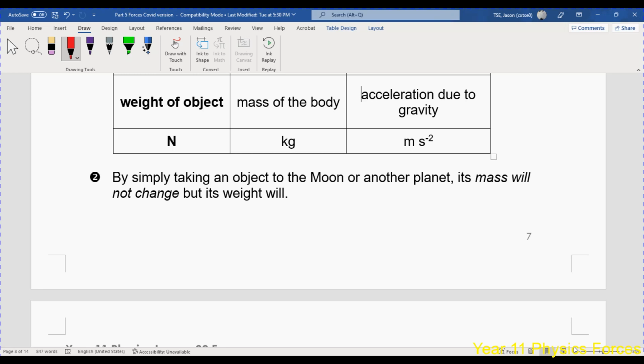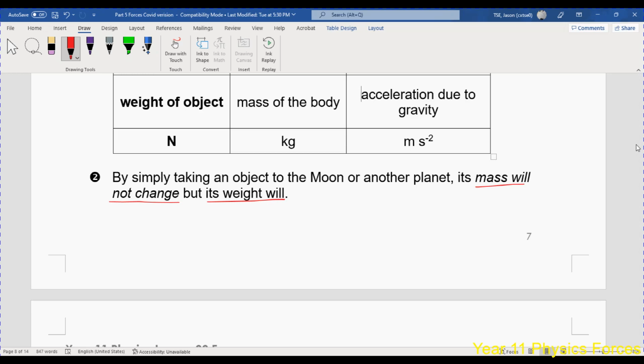If you simply take an object to the Moon or another planet, which quantity will change? Mass or weight? Okay, remember this. Mass will never change, but weight will. So mass is a constant. Weight is not a constant.